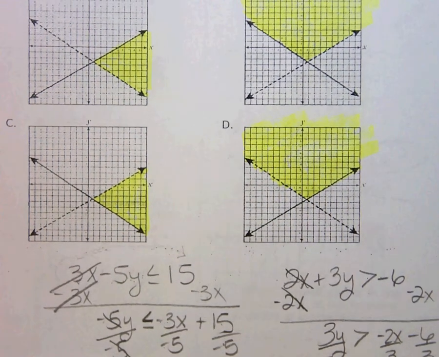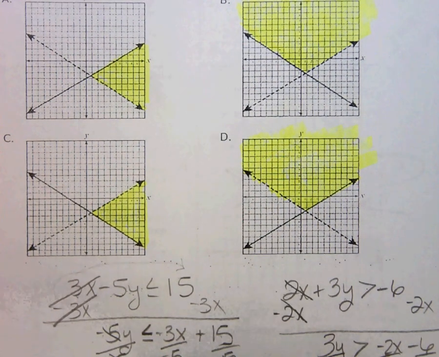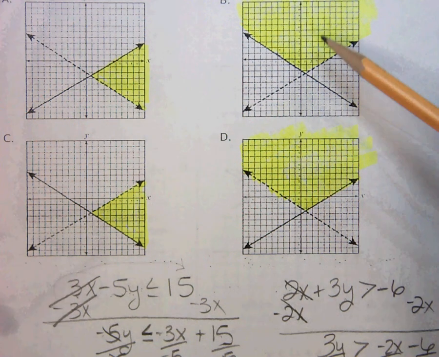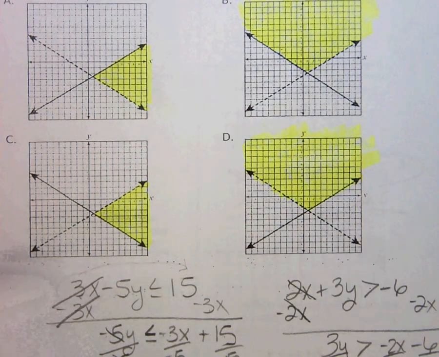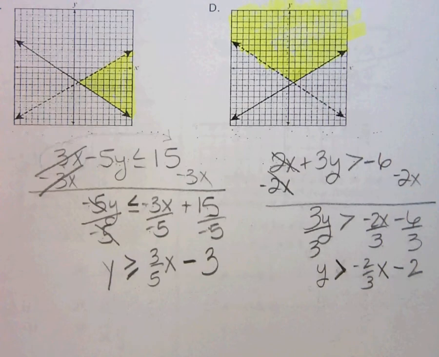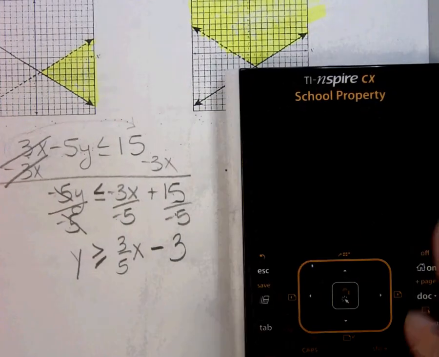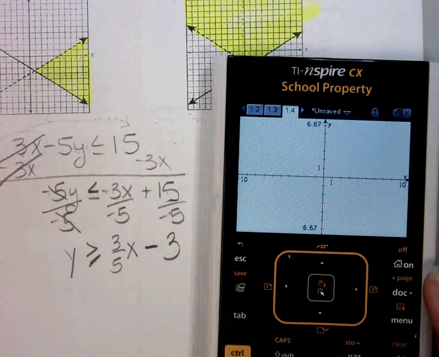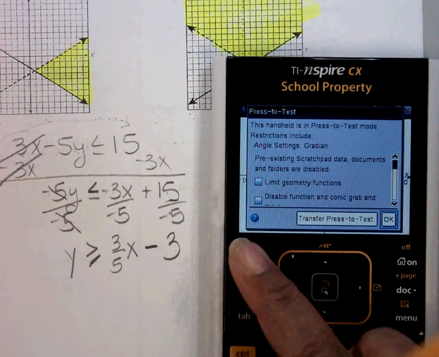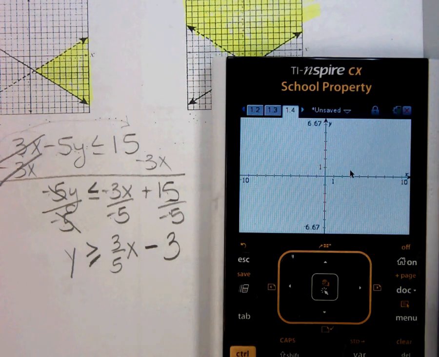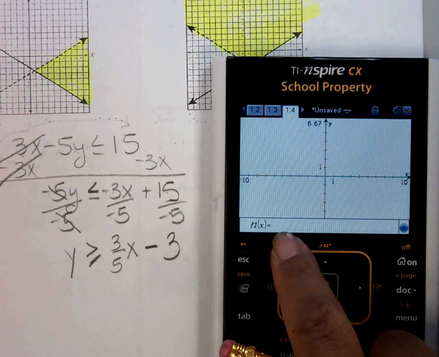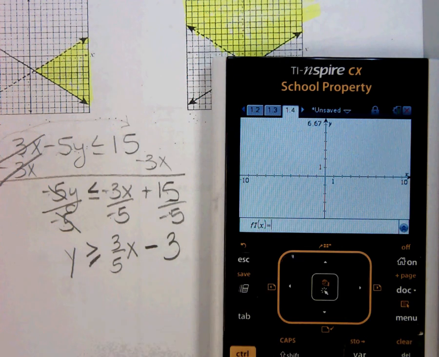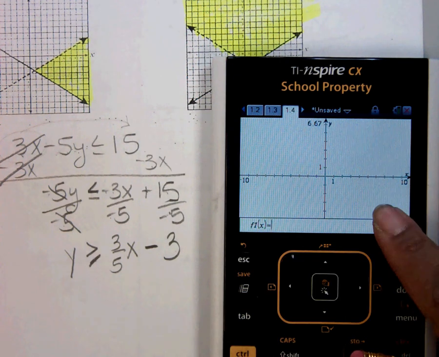Okay, let's go to the calculator and type in my answer choices to see which one of these I would get, just so we can get practice with the calculator. Because we have done so much by hand, I do want to practice using this. So, escape. I already have a fresh graph, but I can bring this up. So go ahead and put your calculators on the graphing screen.